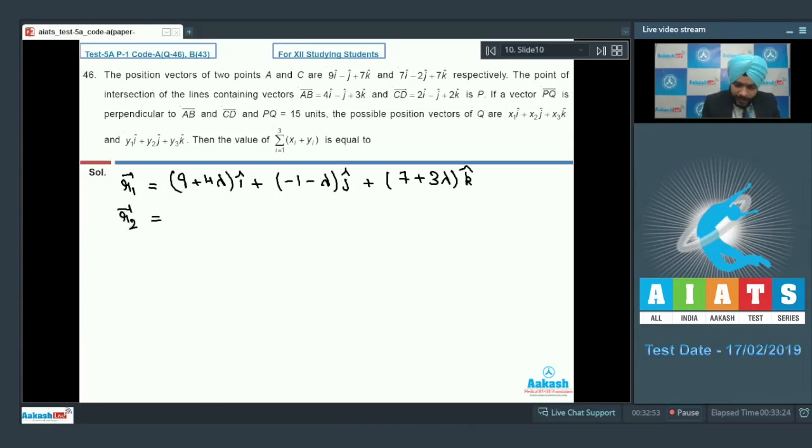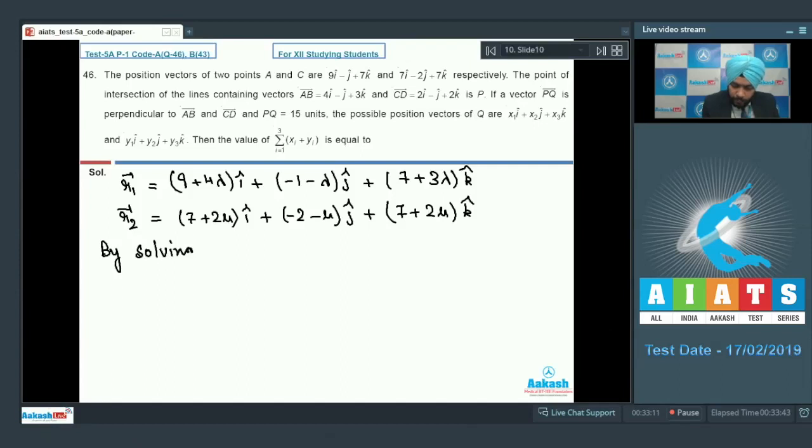Similarly, R2 vector for CD, I have (7 plus 2 mu) i cap minus (2 plus mu) j cap plus (7 plus 2 mu) k cap. So for solving R1 and R2, we get point P as (1, 1, 1) or i cap plus j cap plus k cap.